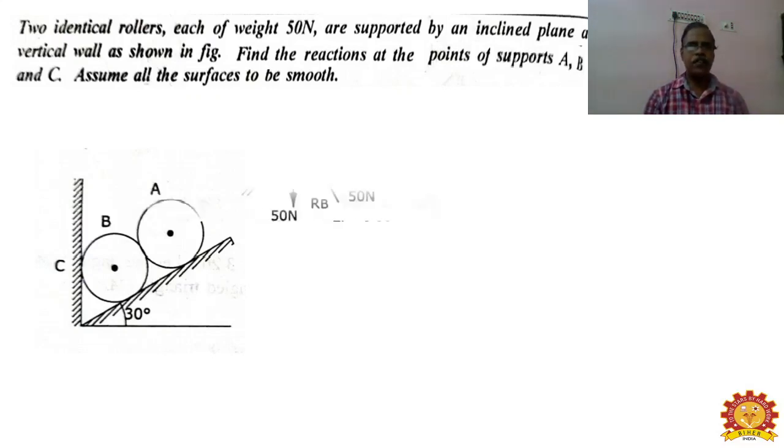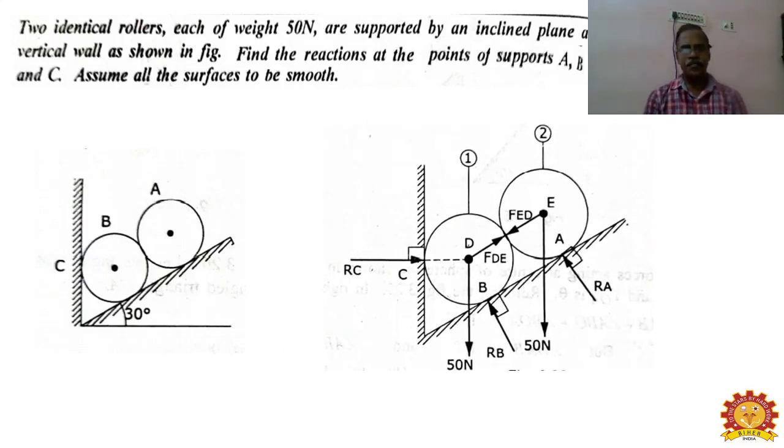Fine. Here, this will be your free body diagram for each roller. For roller 1, as I told you, wherever it comes in contact, there will be a reaction force acting in the opposite direction.